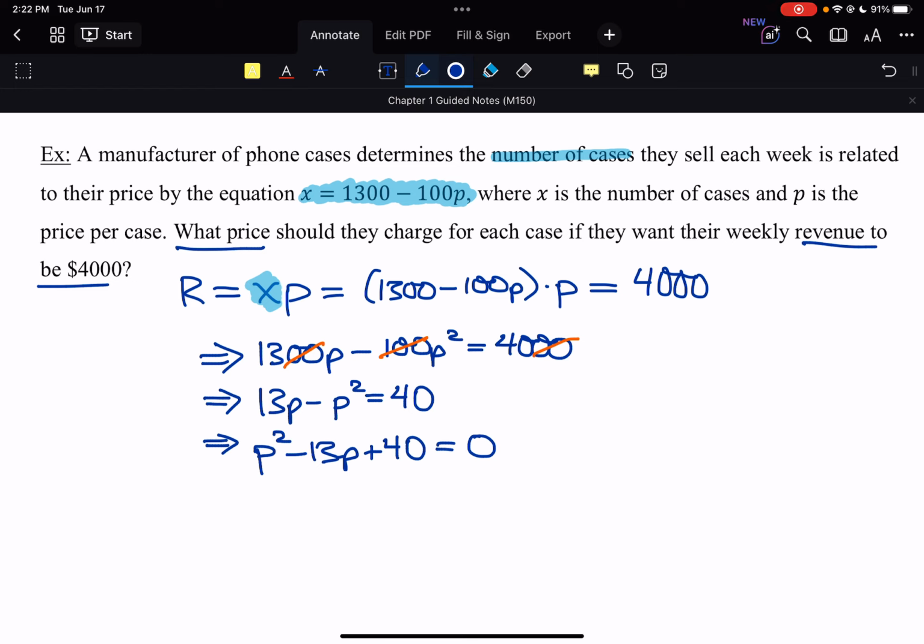Factoring is probably going to be the easiest, but you could also use the quadratic formula. You could use completing the square. But this one does factor pretty nicely. You want two numbers that multiply to positive 40 and add to negative 13. So you're going to get p minus 5 and p minus 8, which gives us two values. We get p equals 5 or p equals 8.